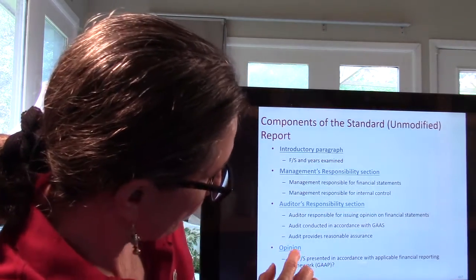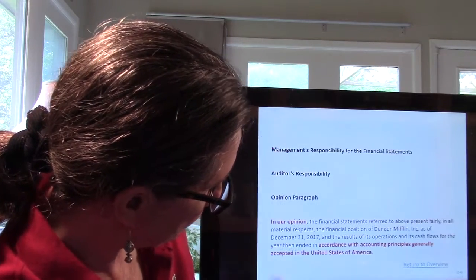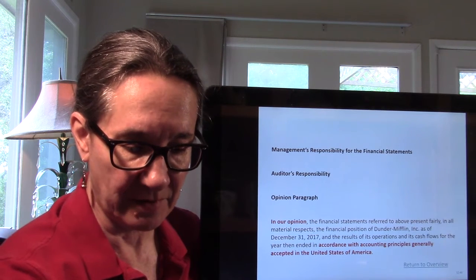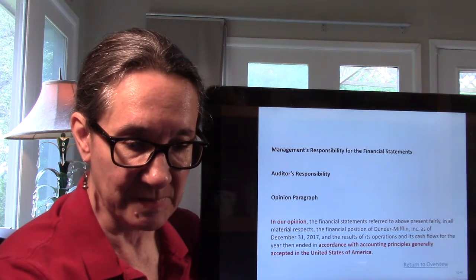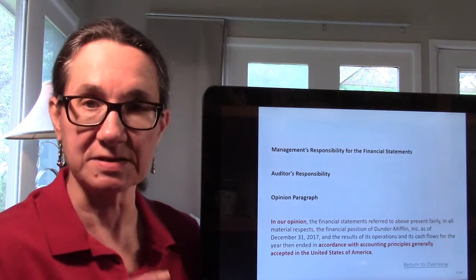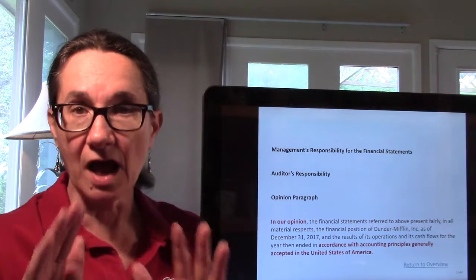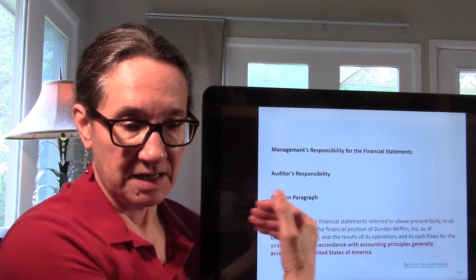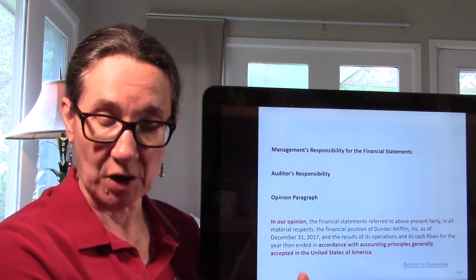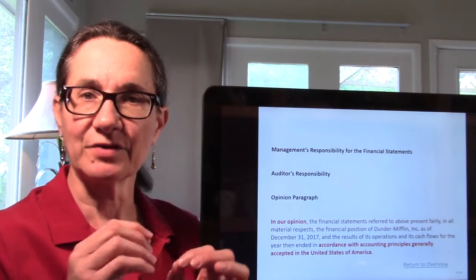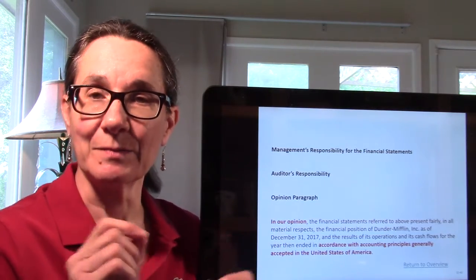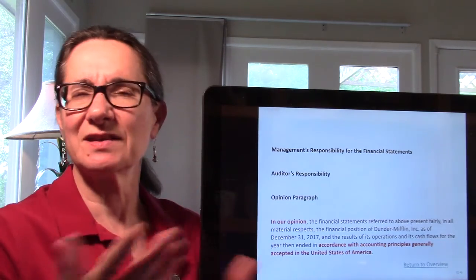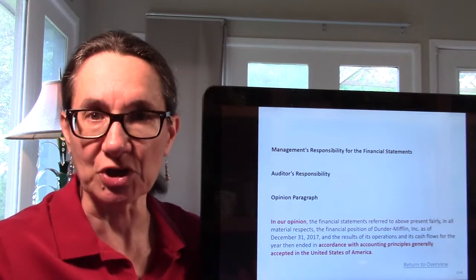Okay, and then we have the opinion, right? And that's just like you would expect. In our opinion, remember, this is an unmodified report, right? So there's nothing wrong. In an unmodified report, you go straight to the opinion, and it says these financial statements present fairly, right? They're not 100% accurate, but it's a fair presentation, because it's impossible. Just think about financial statements. They're rounded off into millions, right?